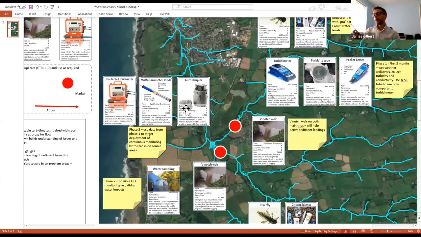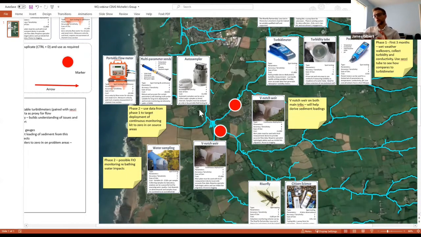And then another thought was, whilst this is very sediment focused, whilst we're collecting in situ multi-parameter data, another thought came to mind about the bathing water and the condition of that bathing water. So perhaps we can start looking at other determinants than just sediment, turbidity, conductivity.